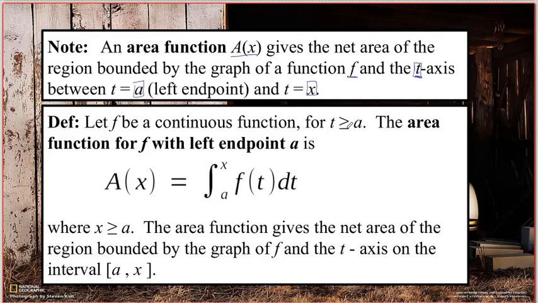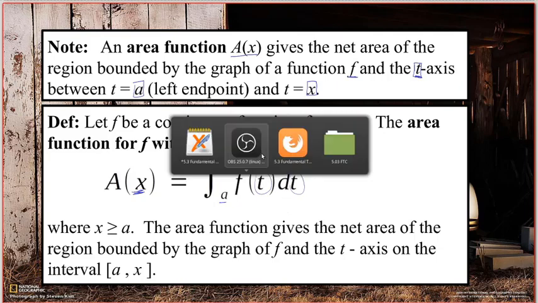In other words, that endpoint can vary. So A of x, that is the area based on x, is the definite integral between a, little a, and x. So t here is just holding the place for what we used to think of as x, but now x is moving.